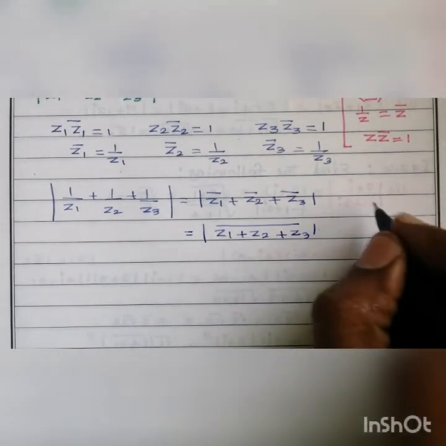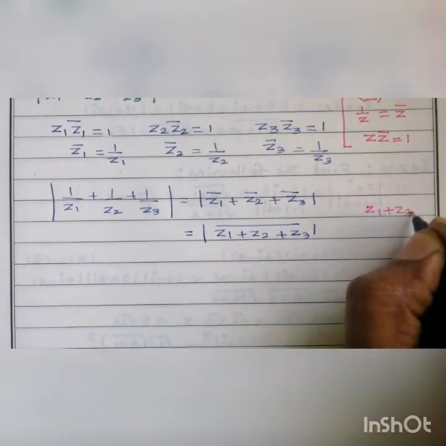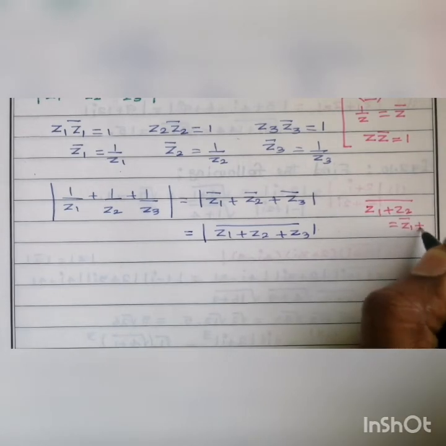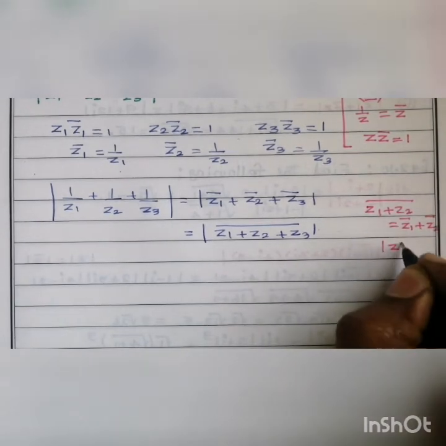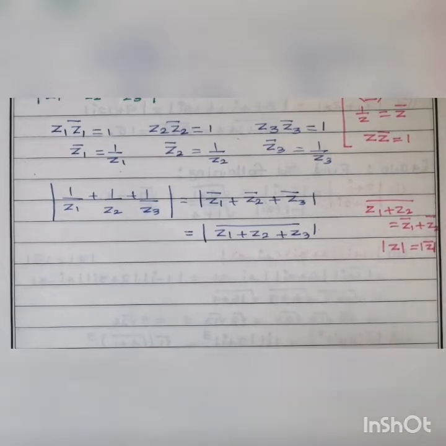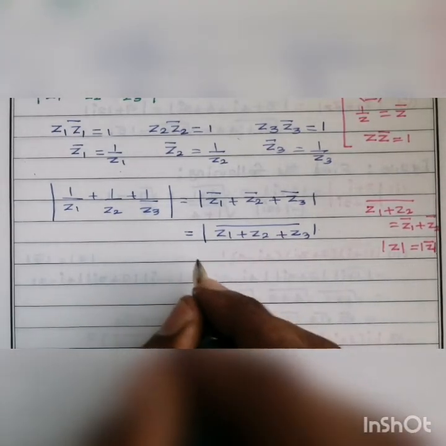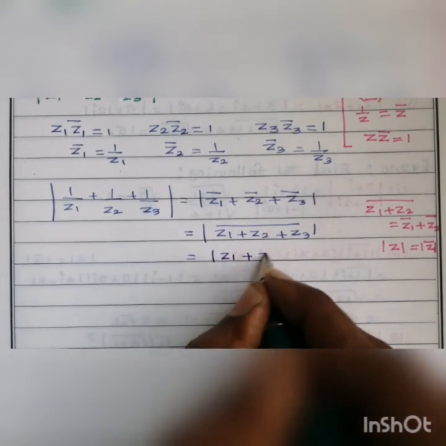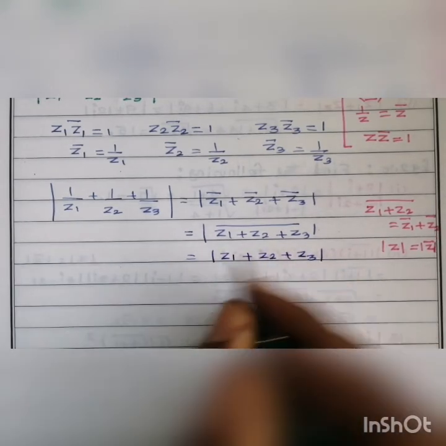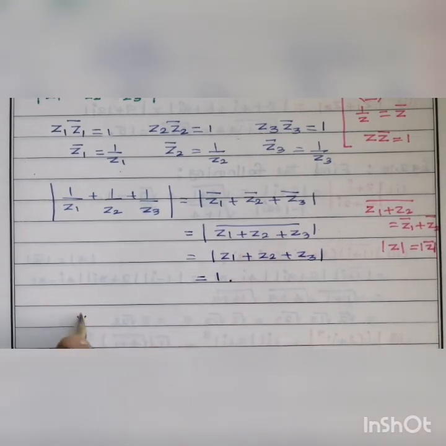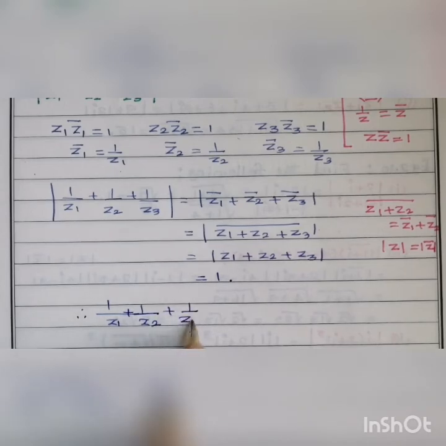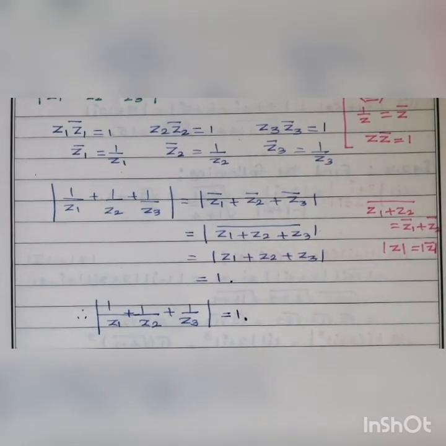We know that z1 plus z2 the whole bar equal to z1 bar plus z2 bar, and also modulus of z equal to modulus of z bar. So this is modulus of z1 plus z2 plus z3, that is equal to 1. Therefore, modulus of 1 by z1 plus 1 by z2 plus 1 by z3 is equal to 1. Okay, that's all.